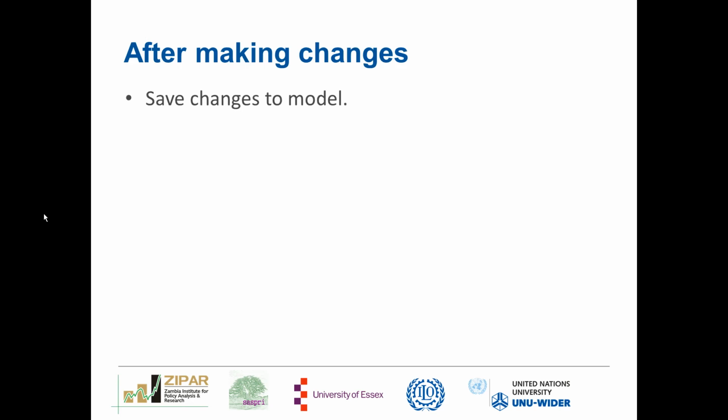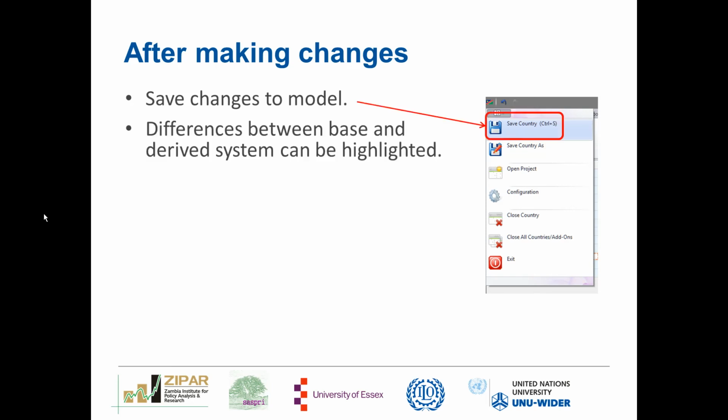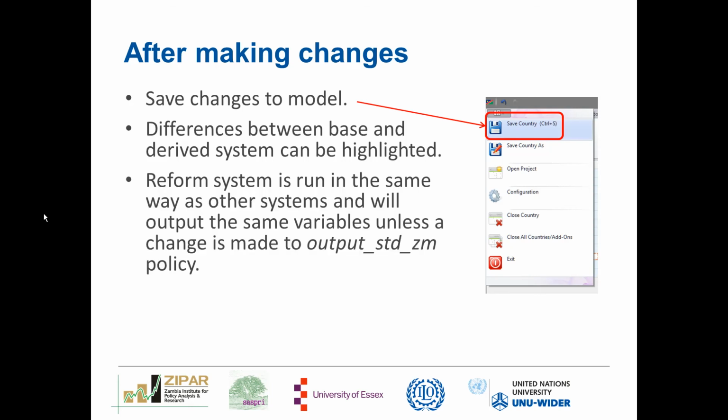After we've made all our changes, we save the changes to the model, and I'll show you how to do this. We'll go to the first tab, which is Save Country. The differences between the base and the derived system can be highlighted using a tool called automatic conditional formatting, and I'll speak about this in our last session.